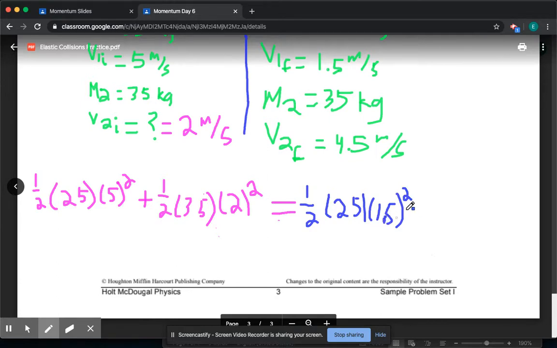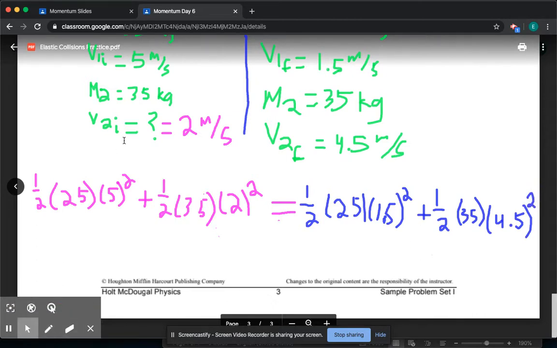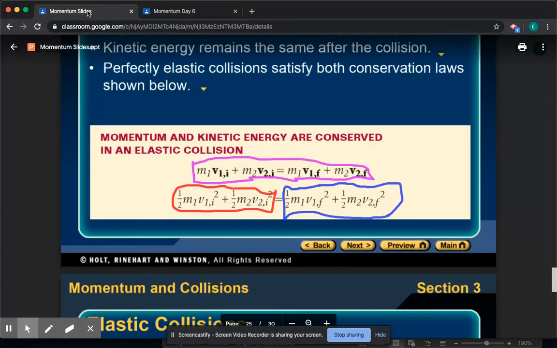So 1.5 plus 1/2 times 35 times 4.5, and that has to be squared. That's your velocity. Again, that comes from the kinetic energy equation, the bottom piece. You just plug the numbers straight into that equation.